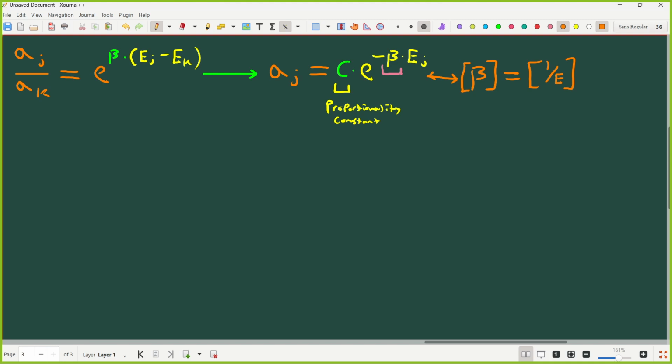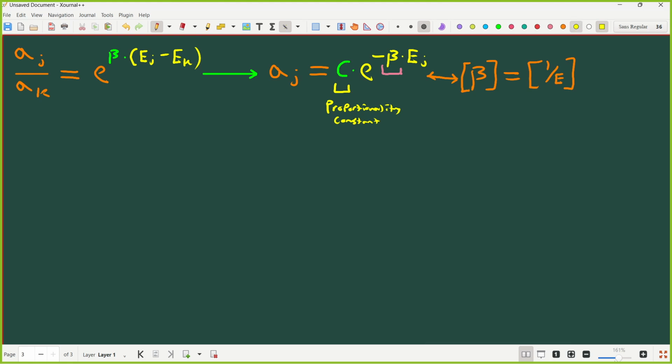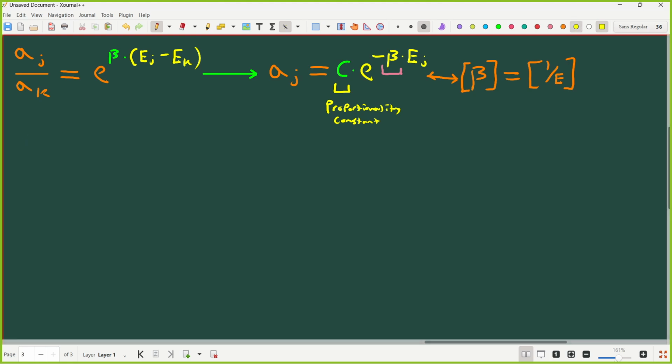So I don't really have the ability at the moment to derive exactly what beta is, but there's a way to derive it. What you find is that, what we're going to do is equilibrate this to a temperature.